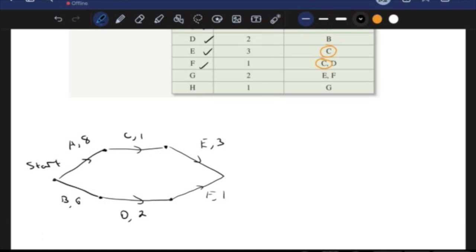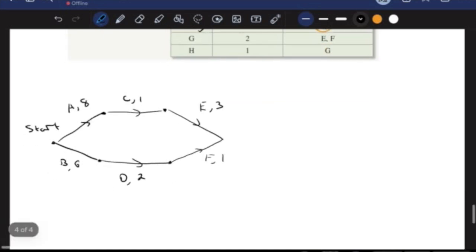But I also have to somehow get to F from C. So this is where I include my dummy activity. So I'm going to write a dummy activity from this vertex to the vertex after D. This indicates that C has happened, we got to here, but also D has happened before that.